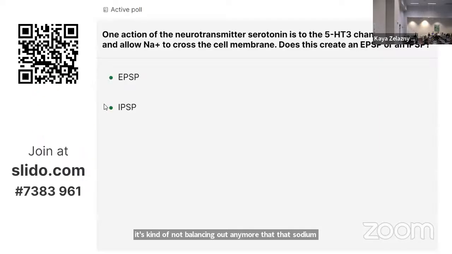Let's do an example. So for serotonin, it binds to a 5-HT3 channel receptor, allows sodium to cross the cell membrane. Is that going to be an excitatory postsynaptic potential or an inhibitory postsynaptic potential?